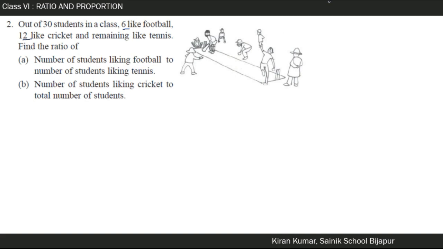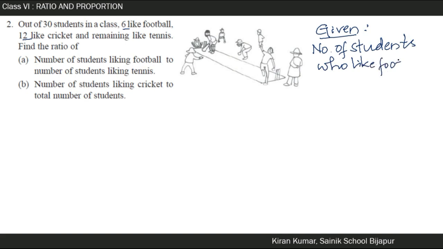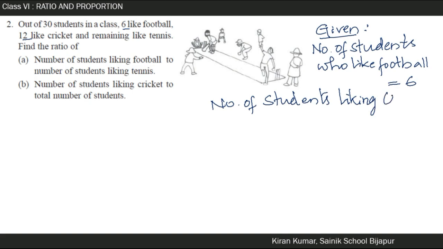Here, let me write down the given. The given things are the number of students who like football. Here the number of students liking football is 6. The number of students liking cricket is 12.